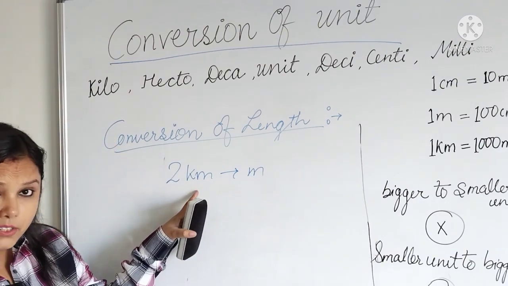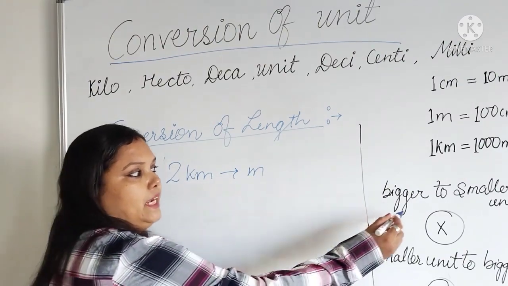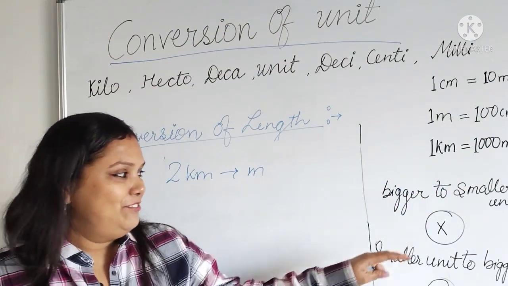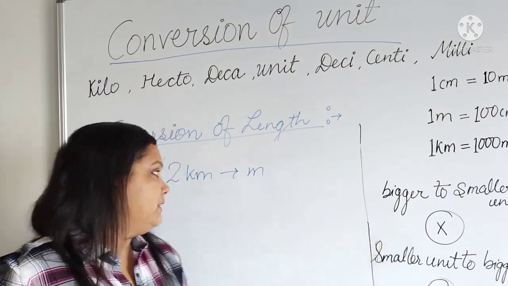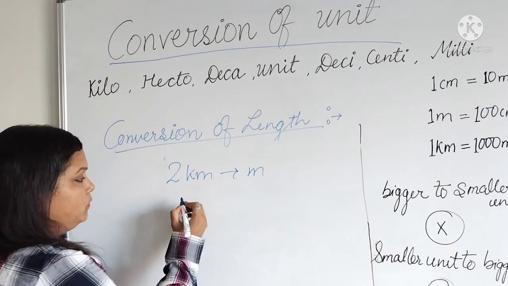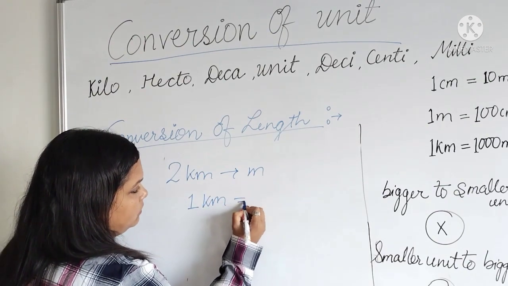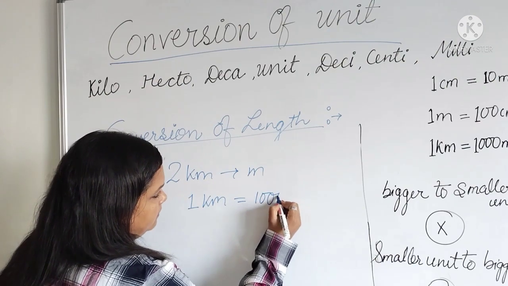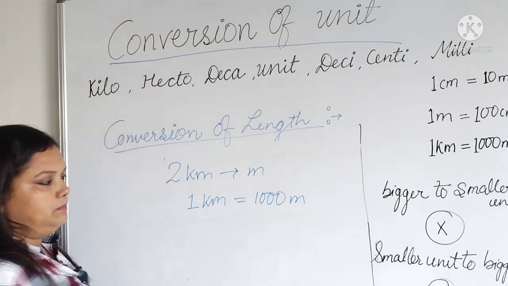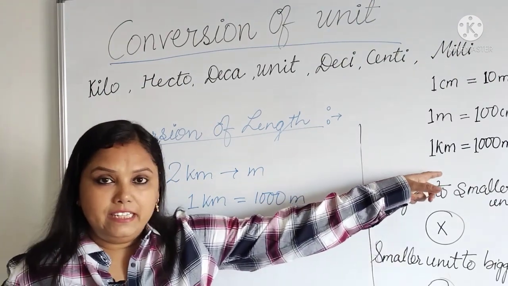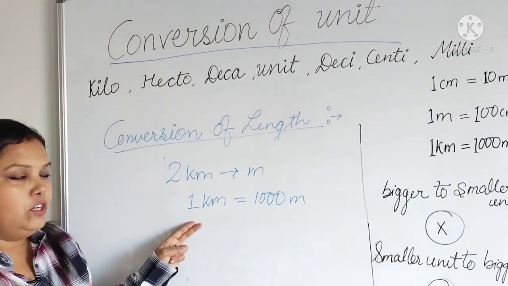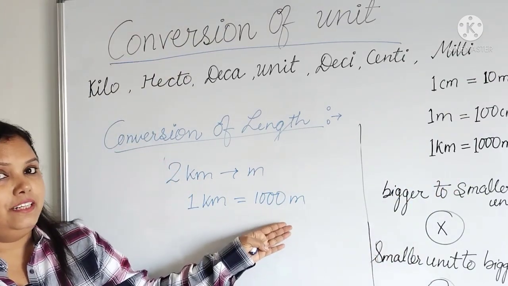Now, suppose we want to convert 2 kilometer into meter. Again, bigger unit to smaller unit, what we need to do? We need to multiply, correct? We already know that 1 kilometer equals 1000 meter.